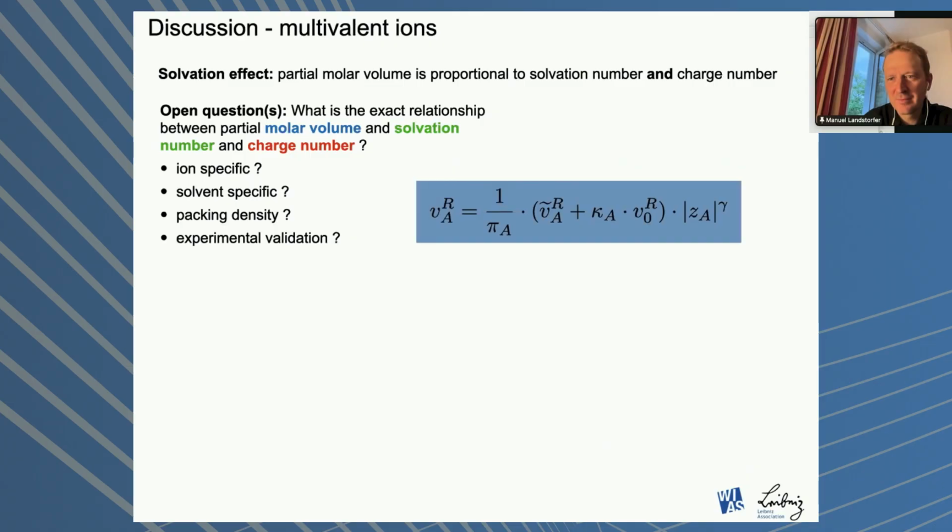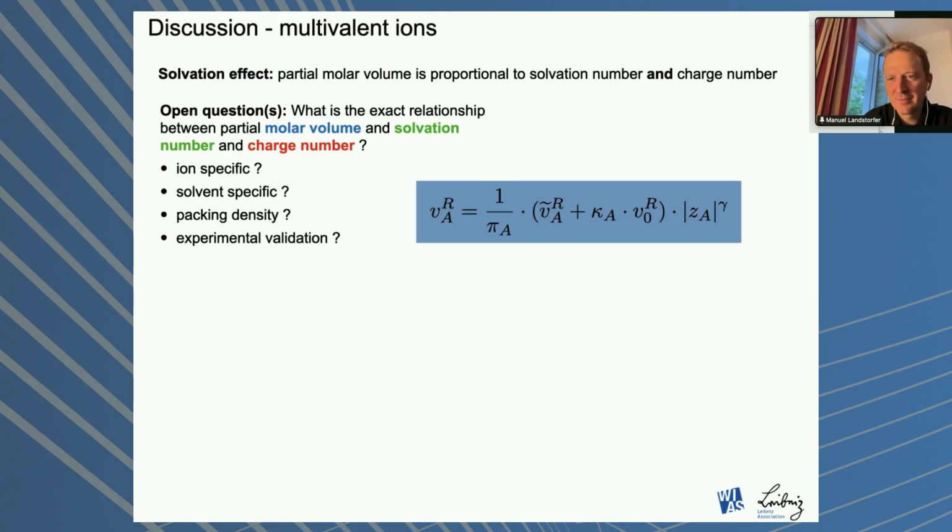The last question I want to point out here is the discussion of multivalent ions. So right now we were talking about mainly monovalent ions, but we all know that, for instance, in bioelectrochemistry, calcium is a main player.